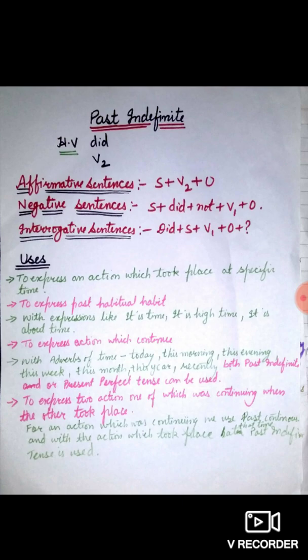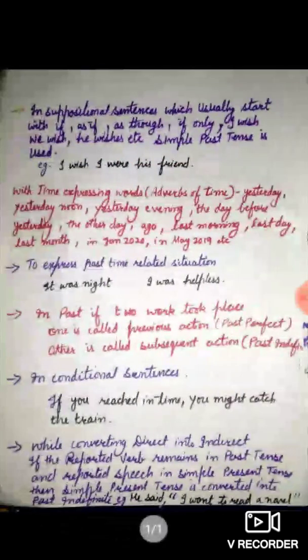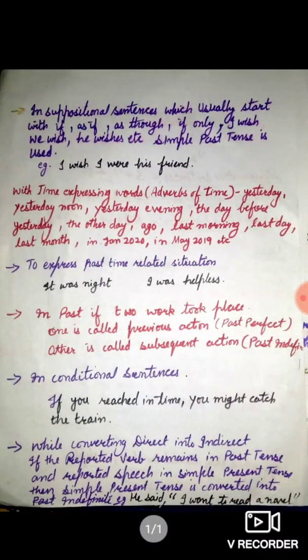Thereafter comes the next use of past indefinite, in suppositional sentences. In suppositional or imaginary sentences, which describe something that is not real, which you wish, starting with if, as if, as though, if only, I wish, we wish, he wishes, simple past tense is used.